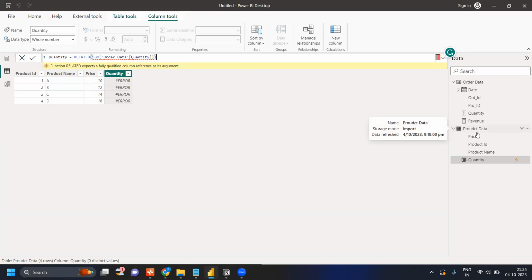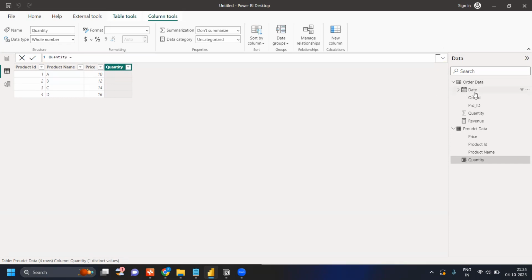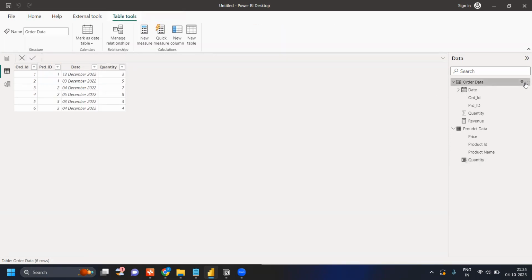Now why don't we try the second way? Extract the price from the dimension table into the fact table. So I try the second method. Go to the order table and create a calculated column, and I want to extract the price.